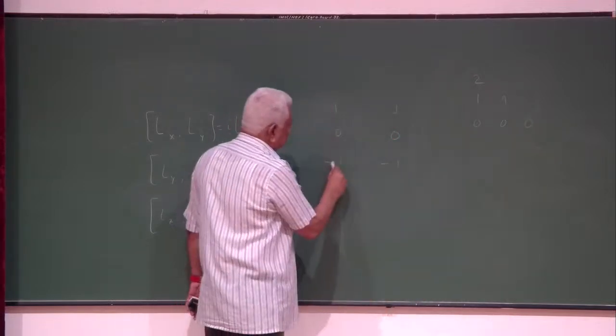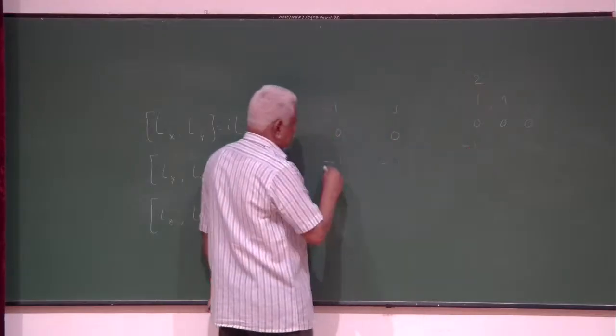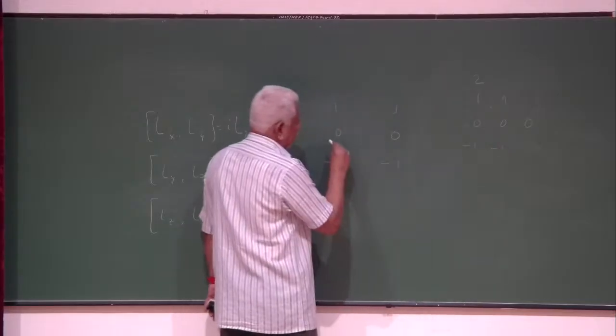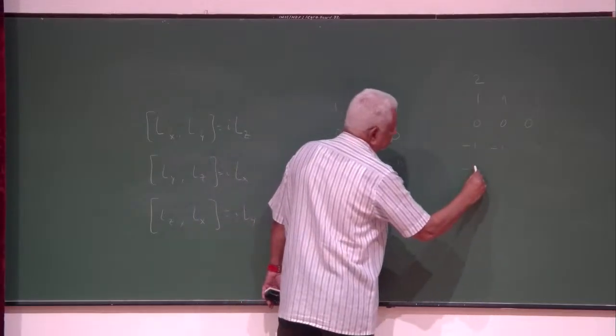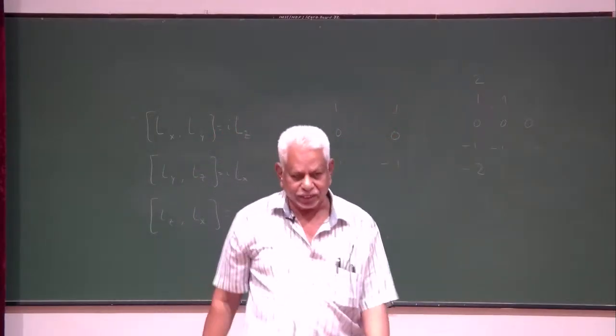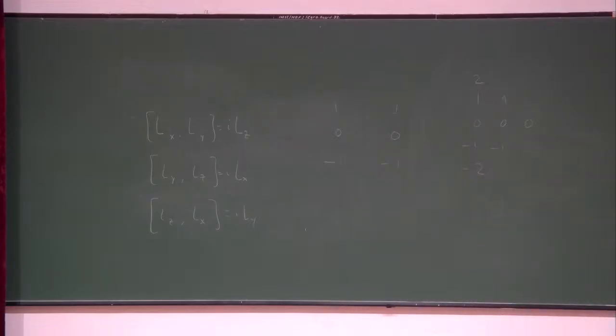Then -1 with 0 will give you -1, and 0 with -1 will give you -1, and then -1 with -1 is -2. This is what I will get. If I have a composite of 2 spin 1 objects, you will get all these states. Now, what are these states?